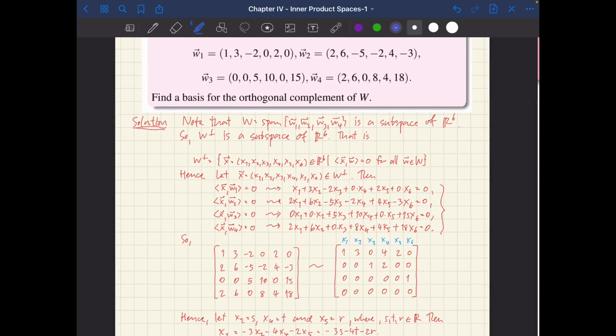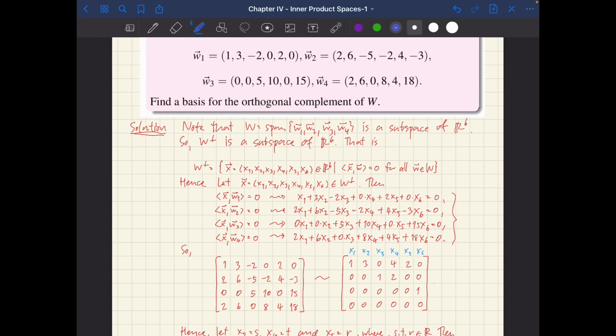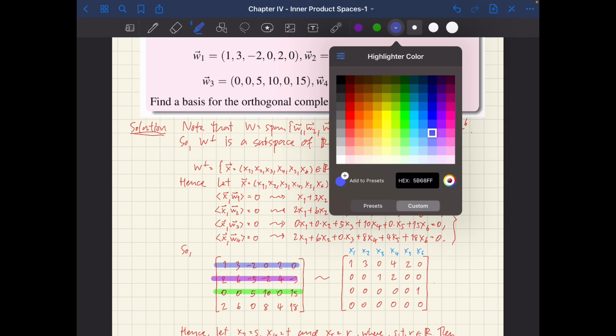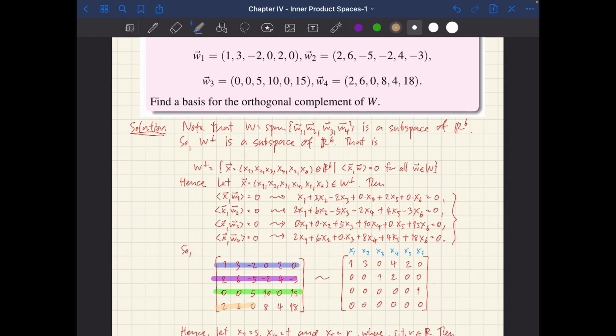You can see that the first row of this matrix is W1, the second row is W2, the third row is W3, and the last row is W4, right?